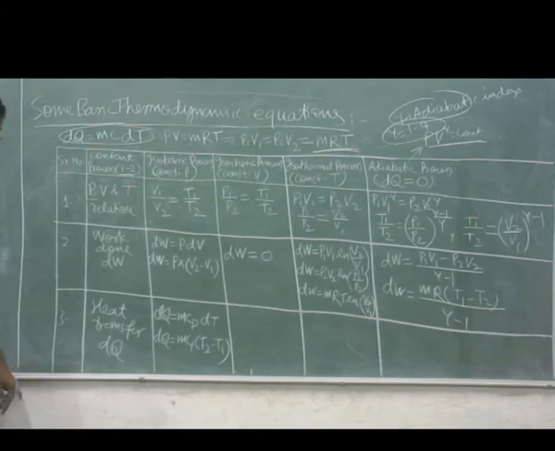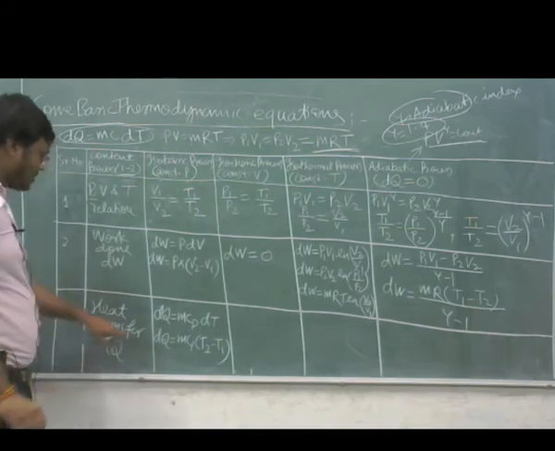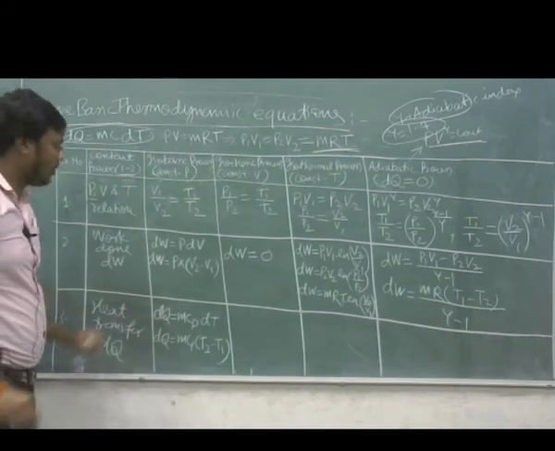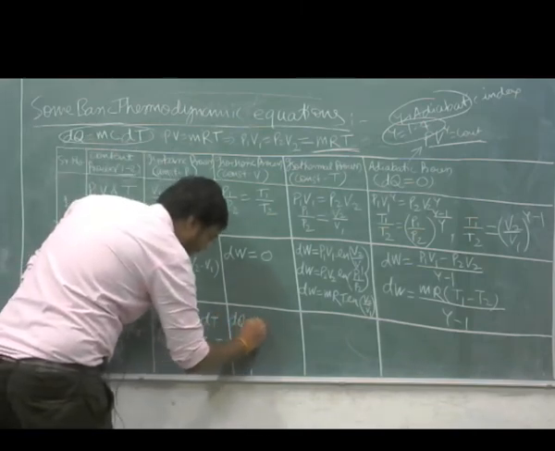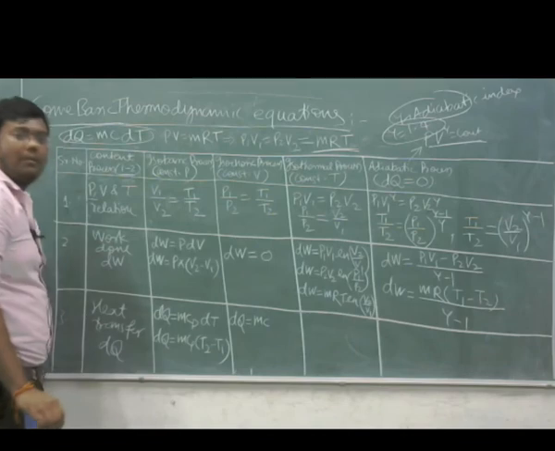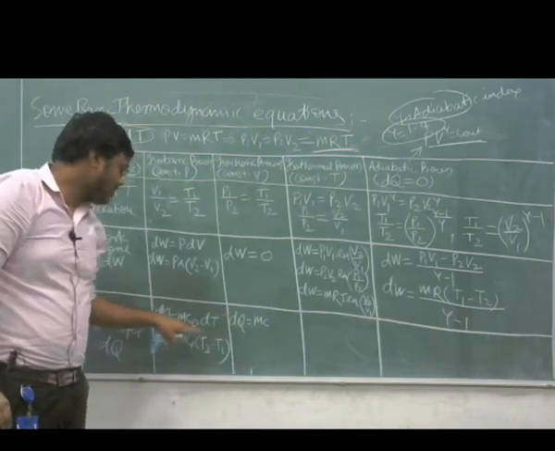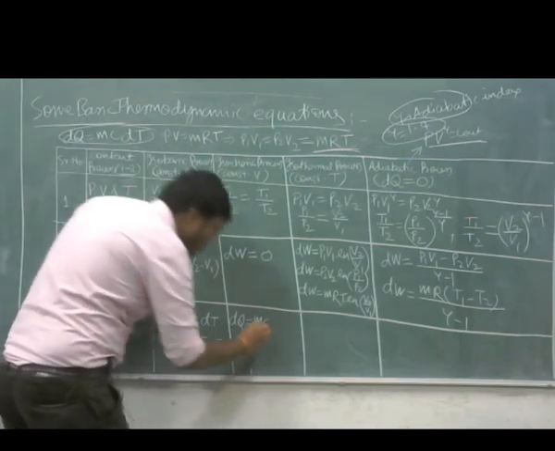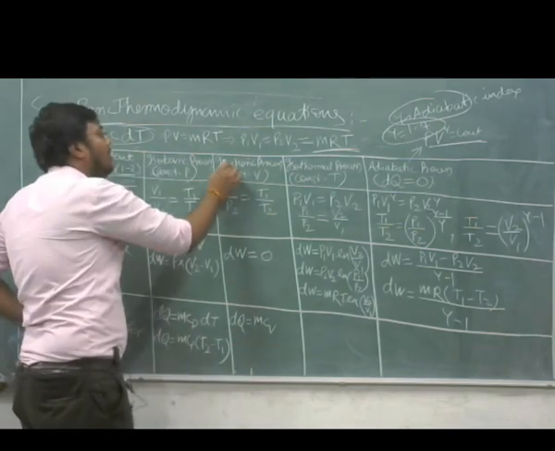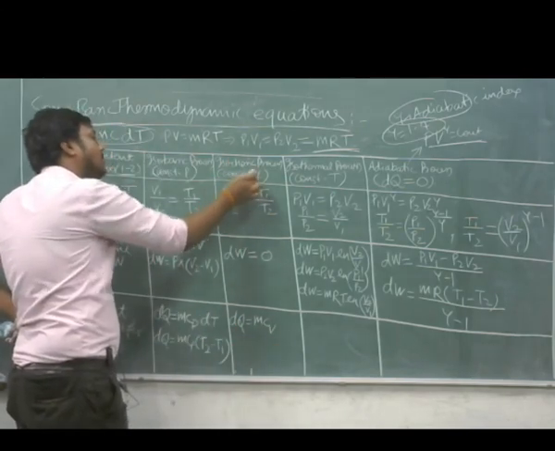Next, the same formula we can write for isochoric process. dQ is equal to mc. But here in place of Cp we need to write Cv, small cv, because in isochoric process volume is constant.